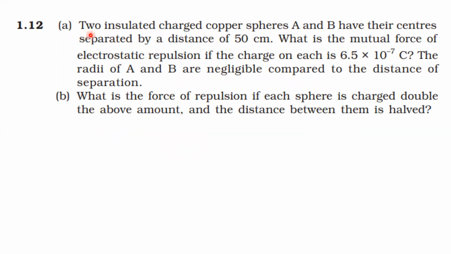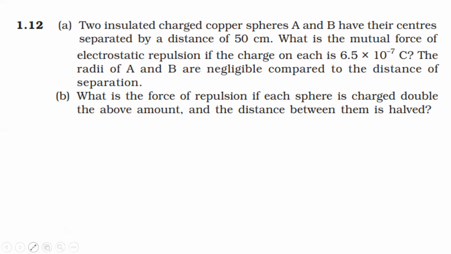Next question here. Two insulated charged copper spheres A and B have their centers separated by a distance of 50 centimeter. What is the mutual force of electrostatic repulsion if the charge on each is 6.5 into 10 power minus 7 Coulomb? The radii of A and B are negligible compared to the distance of separation.